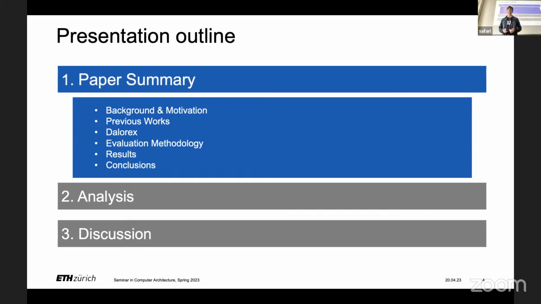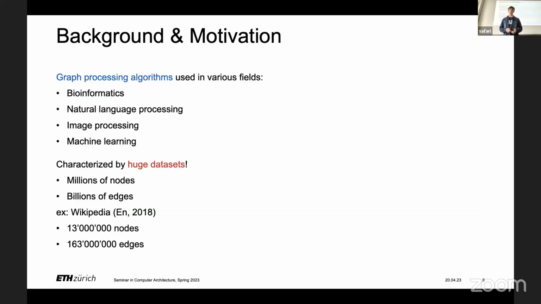Then I'll present some previous approaches, previous works in this field, and then comes the core of the presentation, that is Dalorex, with the evaluation methodology and strategy that the research team decided to use, and then the results and conclusions.